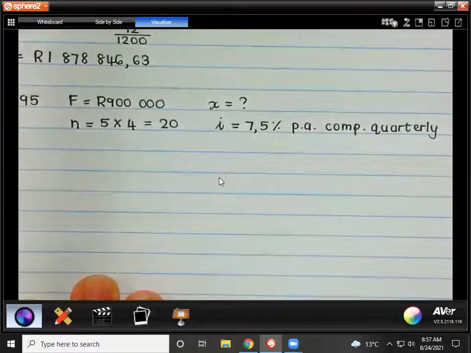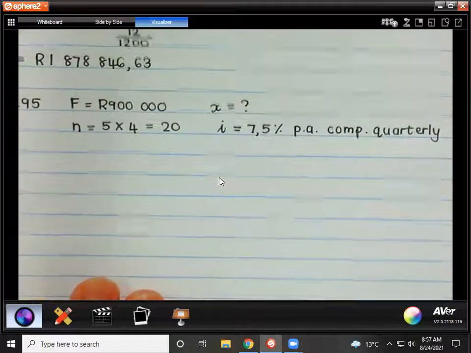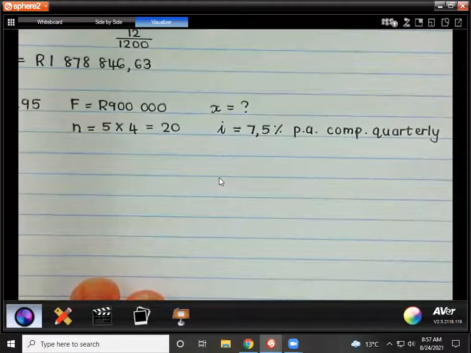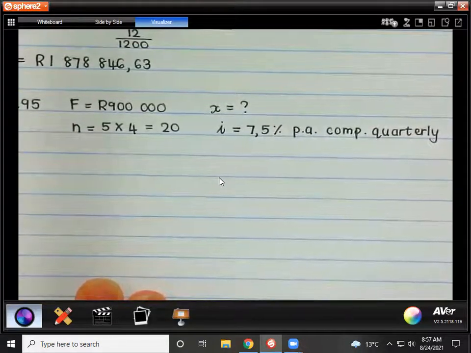Was it last year that I taught you that formula? Of going from an effective interest rate to a nominal interest rate. Now, guys, if it's quarterly to monthly, that's actually nominal to nominal, which you can't do straight away. So you would have to go quarterly to effective and then effective to monthly. Which would not be a lot of fun. I mean, it would take a long time, but it's not that bad.